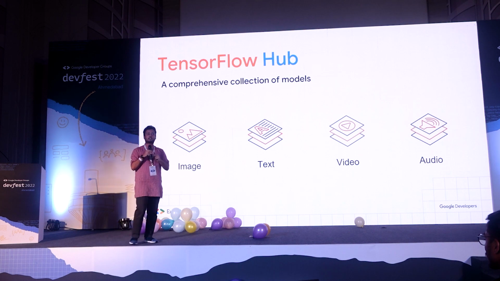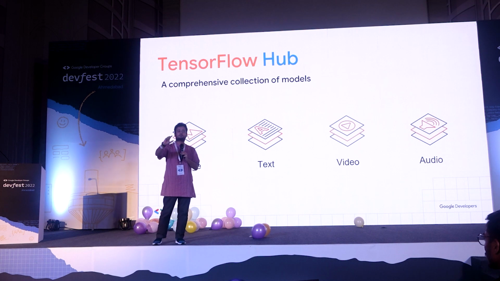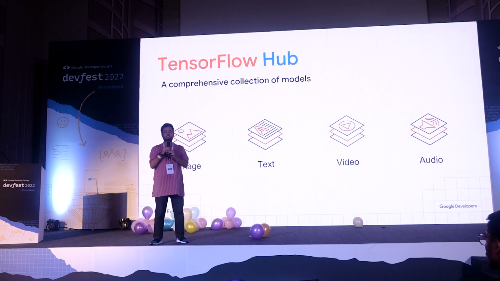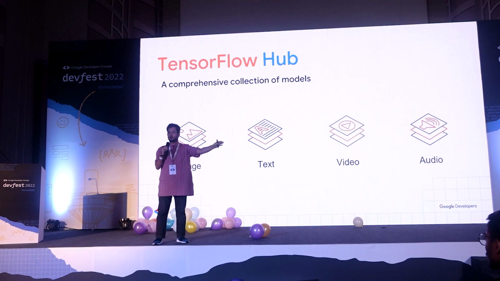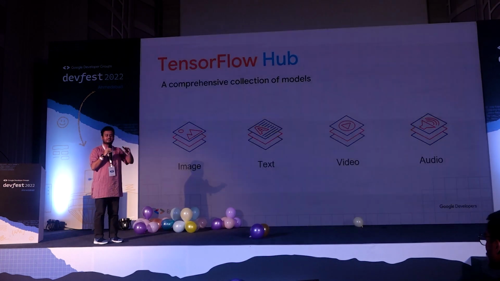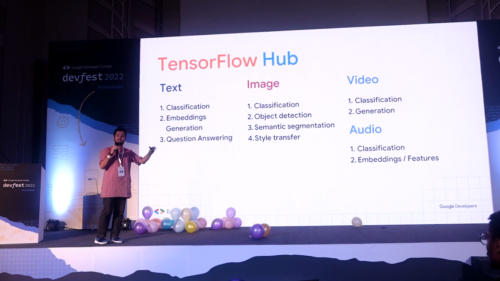So for example, if there are two people speaking, right, you want to identify which part of the speech is spoken by speaker 1, which part is spoken by speaker 2. If you want to differentiate different speakers, you have pre-trained models that are already available on TensorFlow Hub, okay?